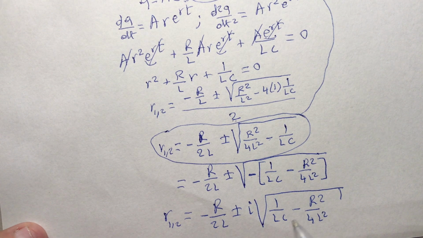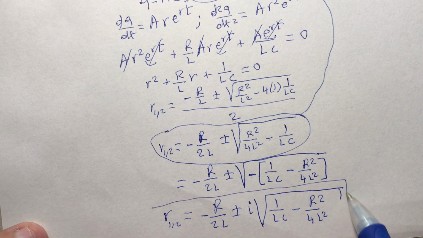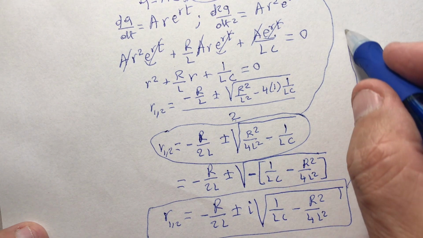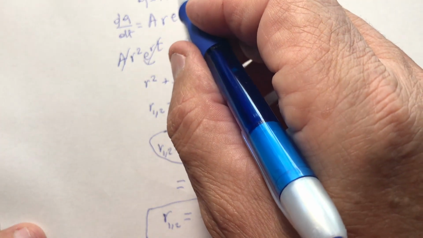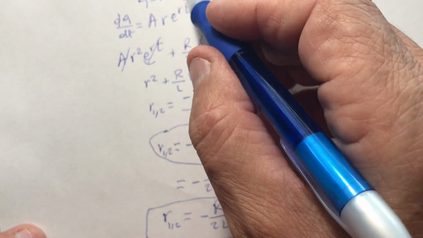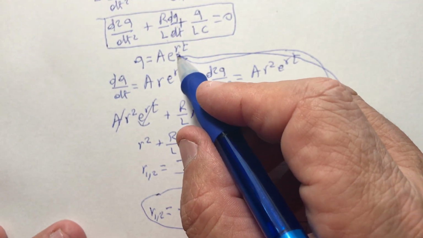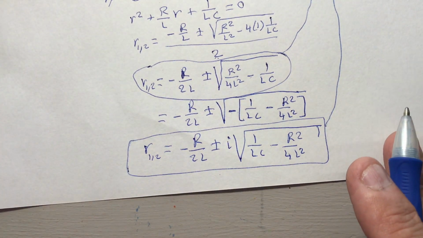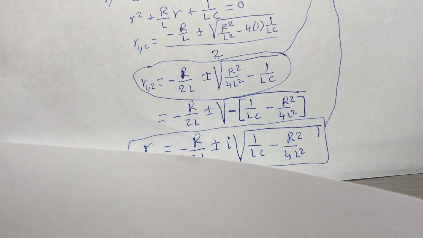So now what I need to do is take this r and put it back in there. I need to put it here. So I need a new page. So let me get a new page.